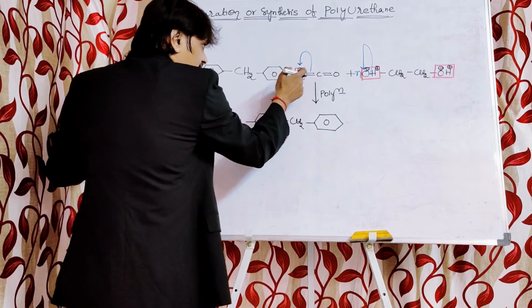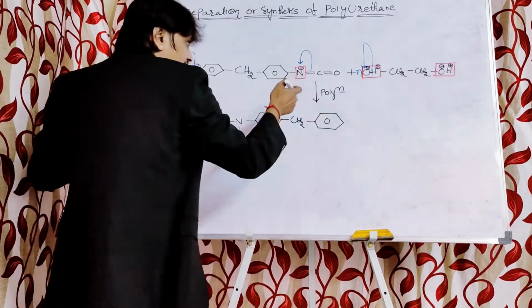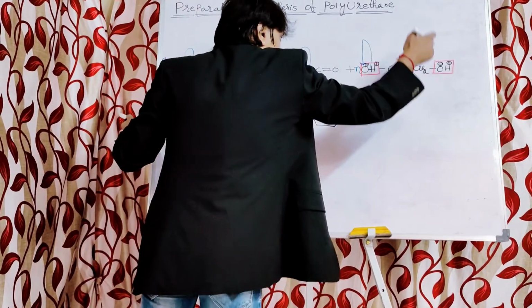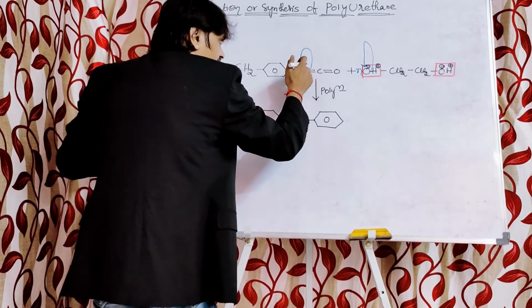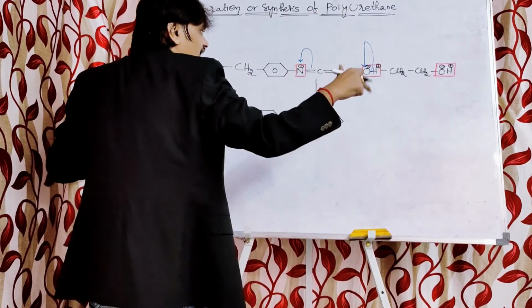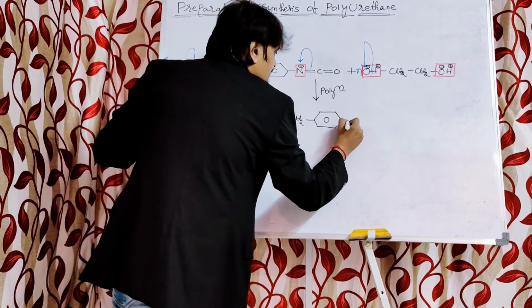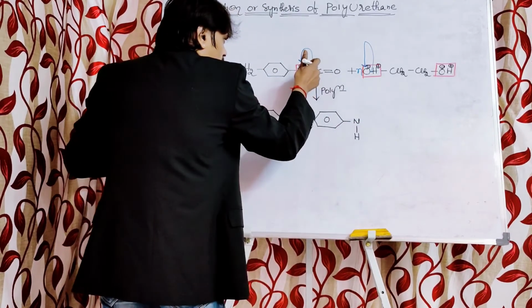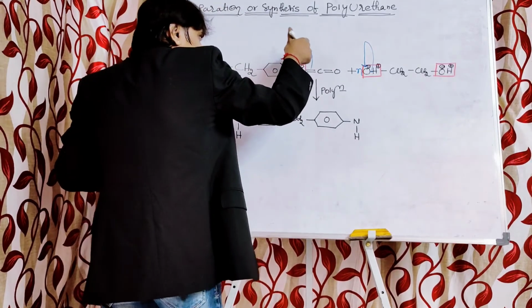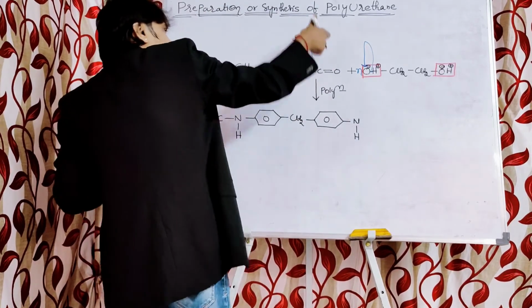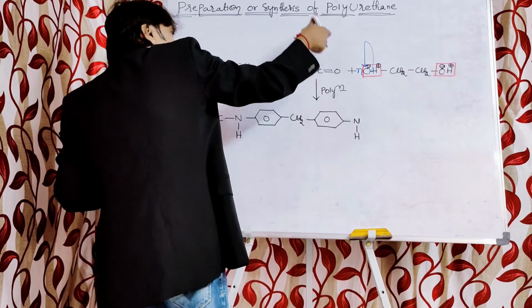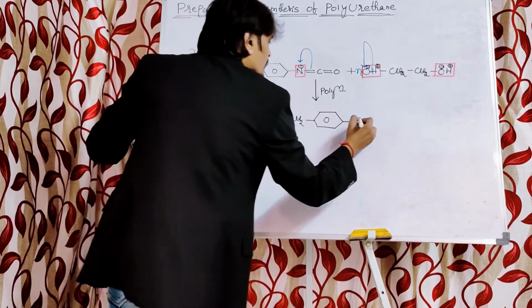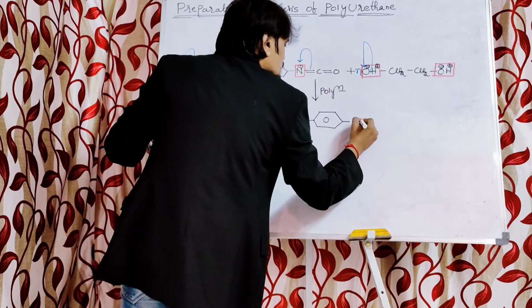Yes, N minus is abstracting H plus of the hydroxy moiety of ethylene glycol. Wherever the N is there, it will convert to NH. Now pi electrons are shifting to the nitrogen. So since pi electrons are shifting to the nitrogen, the double bond converts to single bond.